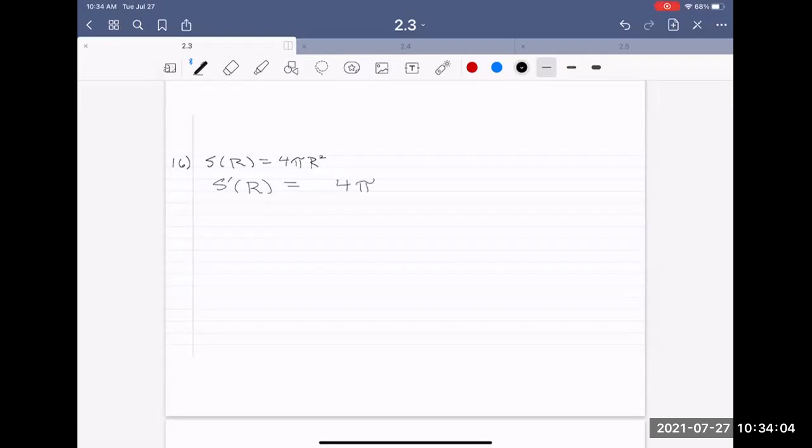Bring down the exponent out front, subtract 1 from the exponent. 2 times 4 is 8, so this is 8 pi. 2 minus 1 is 1, so this is r. And so the derivative of 4 pi r squared is 8 pi r. Any questions about that?